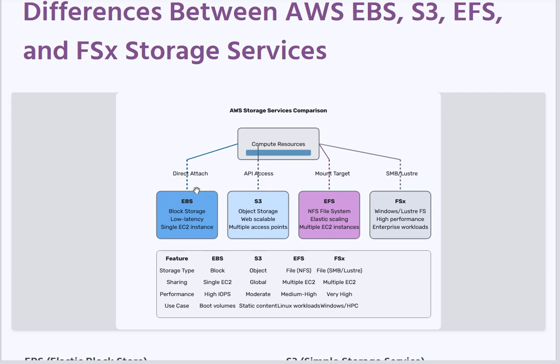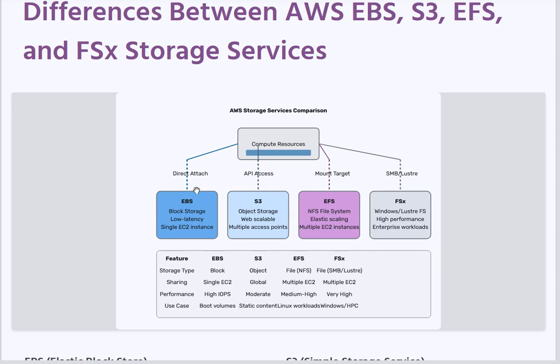And then if you look at S3, the computer is not directly connected to S3, but it can access S3 object storage in various ways. The main thing is API access, application programming interface.